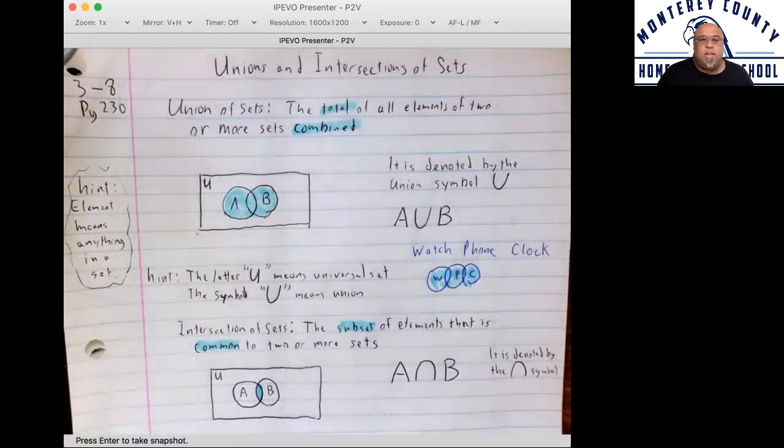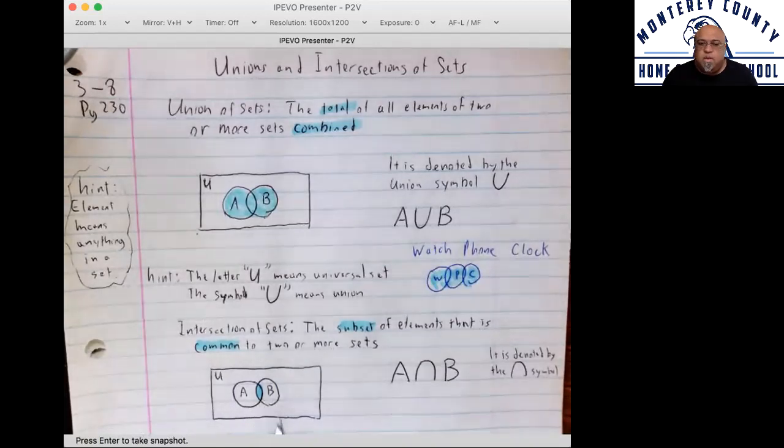How sets are defined can be up to the specific question or the person defining the set. But the point is, an intersection would be the subset. Subset means a set within a set of elements that are common to two or more sets. Common means that we have an item that's in both sets.